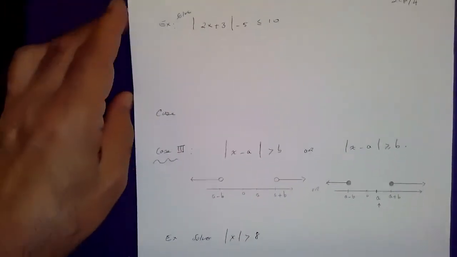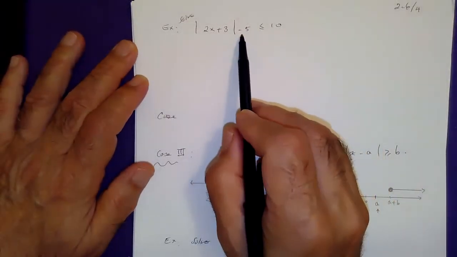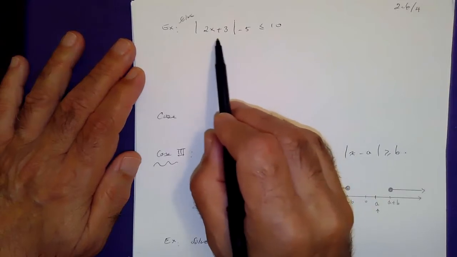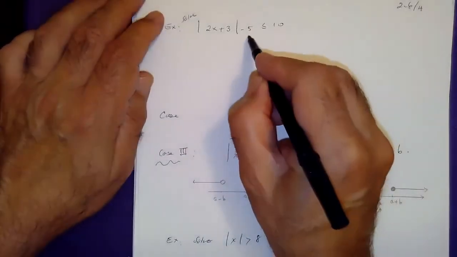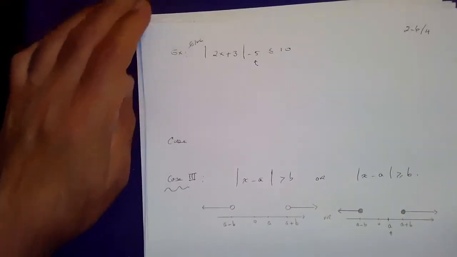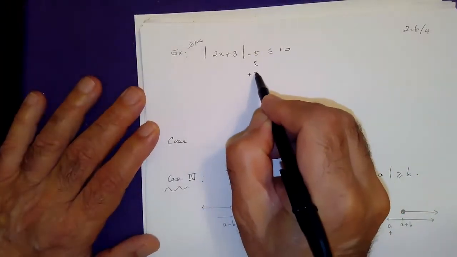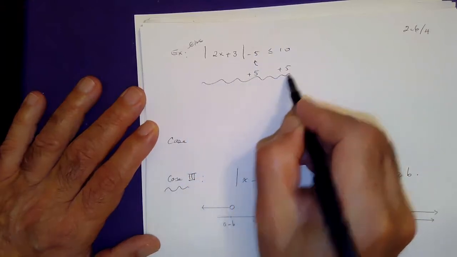Once again, sometimes you may have a number attached, or I should say subtracted or added, to the expression with the absolute value. Before you follow the steps, make sure you get rid of that first. So that will be like step 0. First thing we do is put this on the other side, like so.